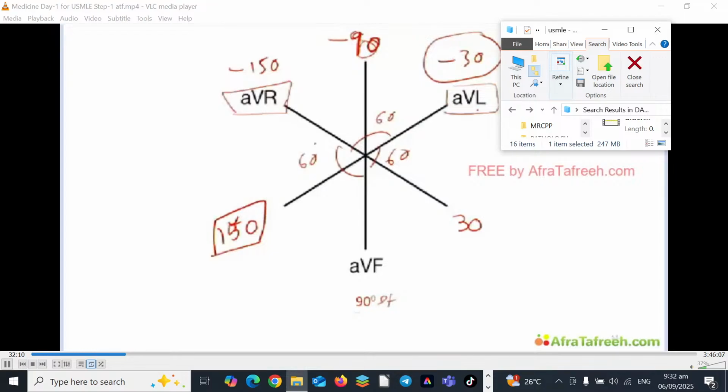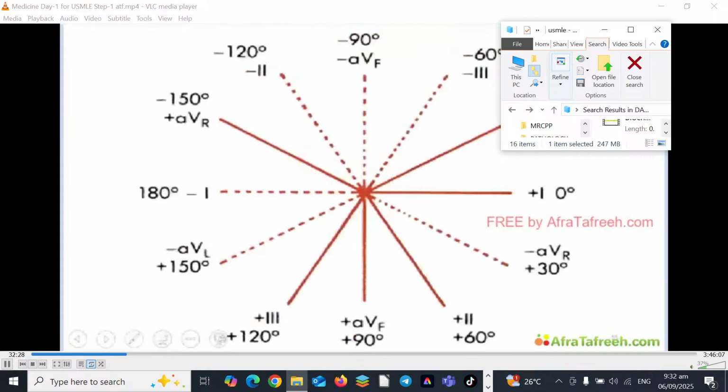So the thing here is, this is what we are trying to generate, all right?